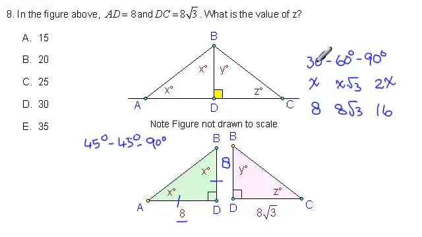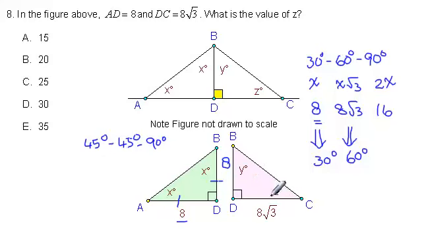But yes, the side opposite to 30 degrees is 8, and I see 8 is opposite to angle Z. So that means this angle must be 30 degrees, and obviously the angle opposite to this side must be 60 degrees, and we know this one is 90 degrees, which is given here.